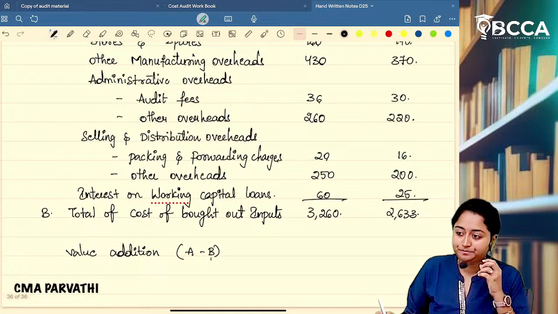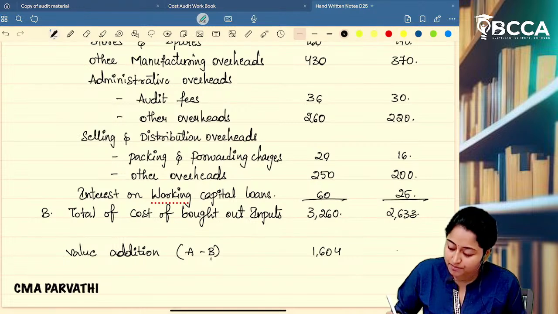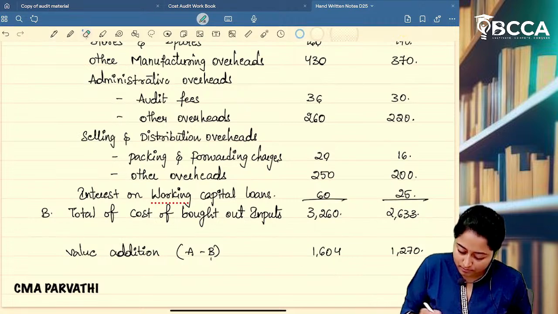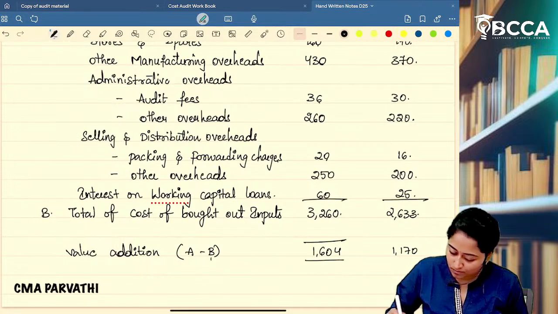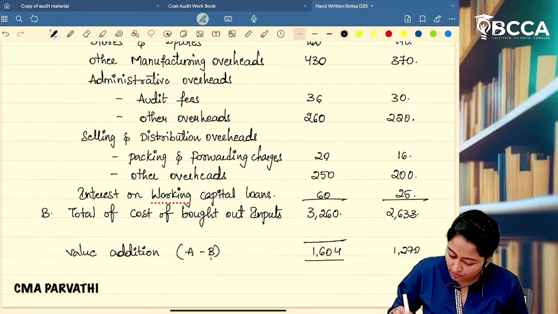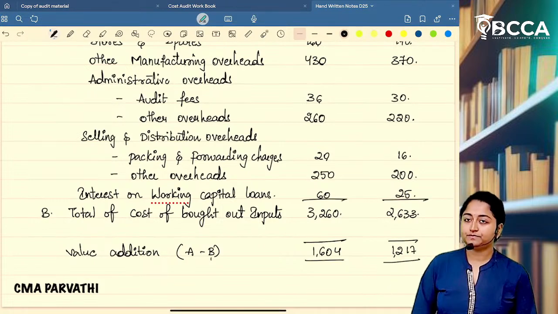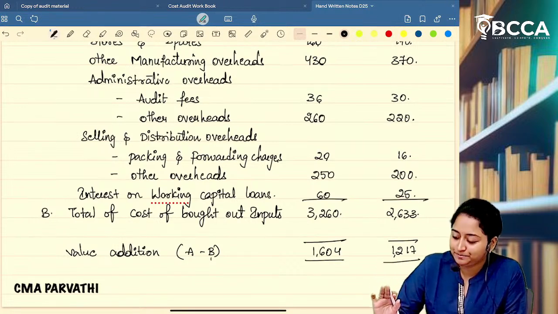What is value addition? 1,617. Okay, okay. Done? Clear with value addition now? We have no doubts with the value addition, right?